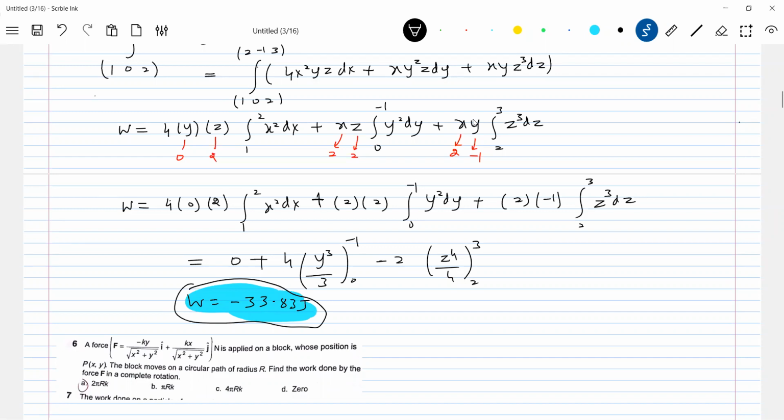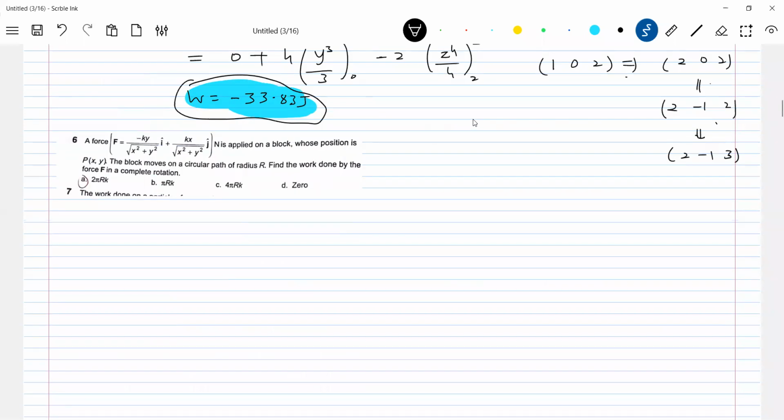Stepwise it is like this: first 1, 0, 2, then you will arrive at 2, 0, 2. Then you are going to integrate, then you will arrive at 2, minus 1, 3. Then you are going to integrate, and finally you will arrive at this one. This is actually the method: along the x-axis, along the y-axis, along the z-axis.